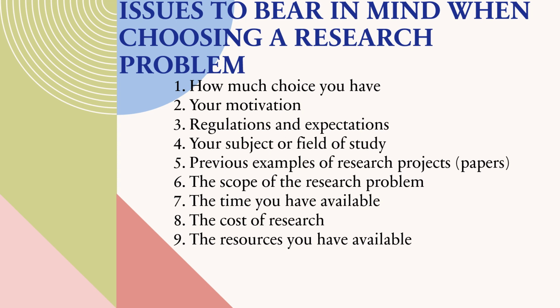Because you might have finances, but you don't have the adequate technical resource to conduct the research. But also you might have the adequate technical resources, but you don't have adequate financial resources. So 8 and 9 must be matched for you to undertake the research project successfully, and that influences your choice of the research problem.